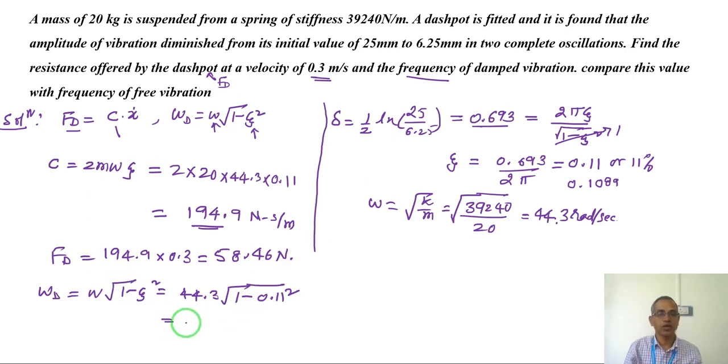It gives me 44.03 radians per second. So there is very little difference between the damped frequency and the undamped frequency. This is how we solve a problem. So let us look at the next problem.